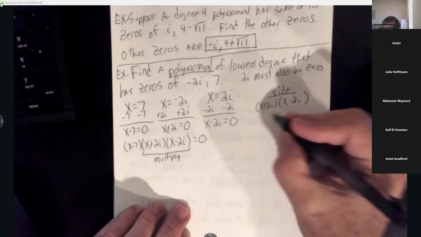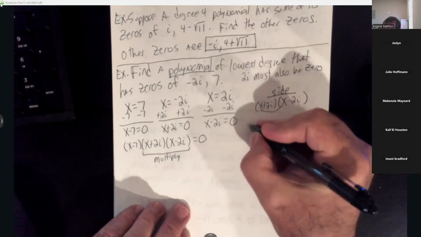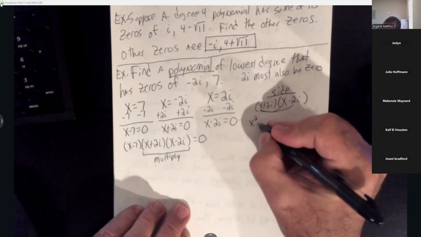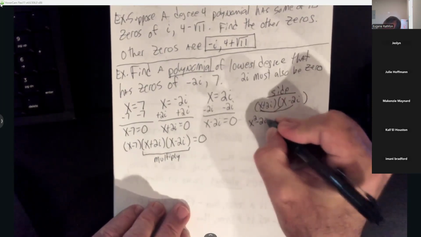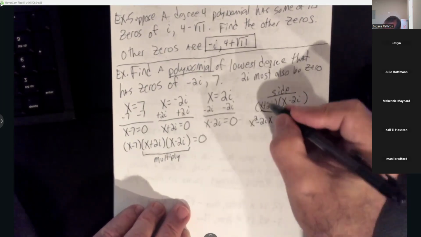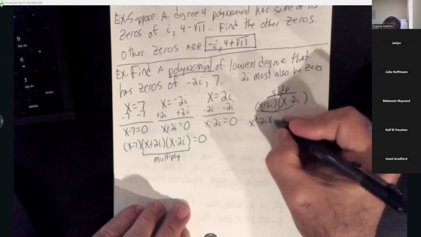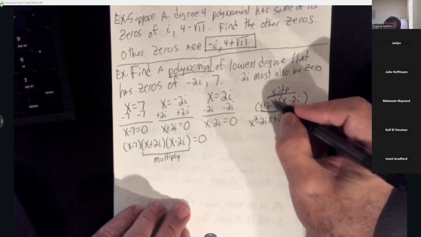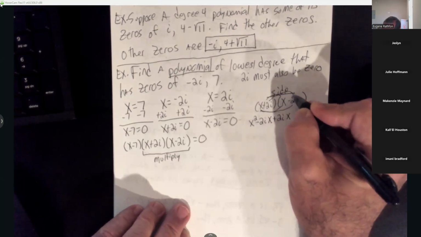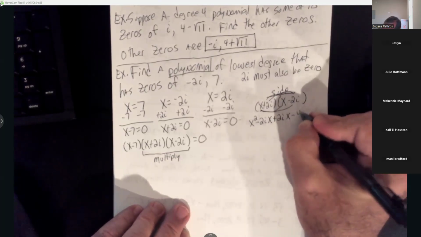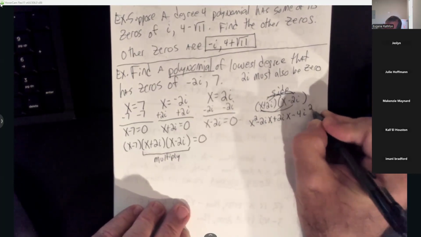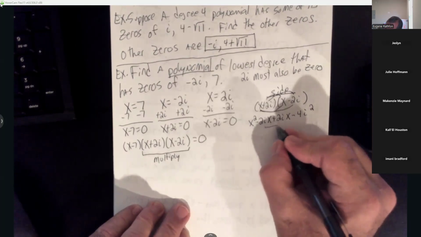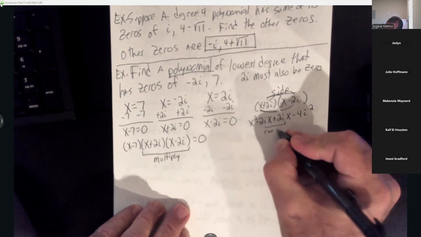All right, y'all, here we go. x times x is x squared. x times negative 2i is a negative 2ix. Positive 2i times x is a positive 2ix. And y'all, 2i times negative 2i is a negative 4i squared. So you notice those cancel again.